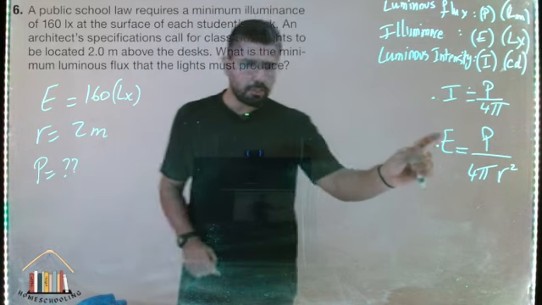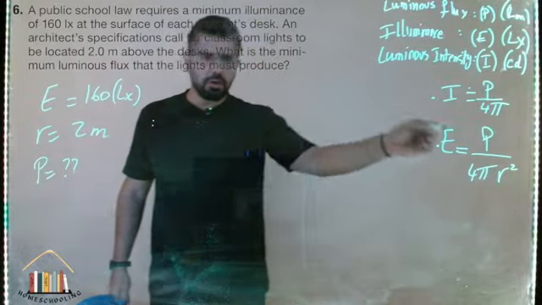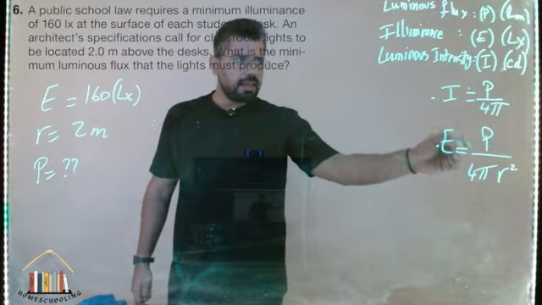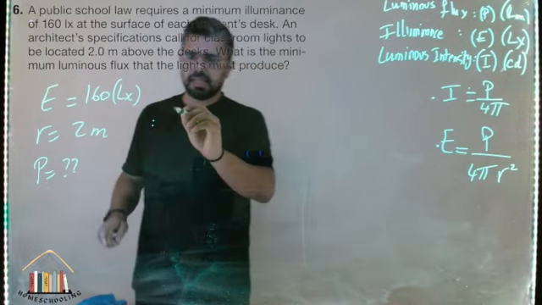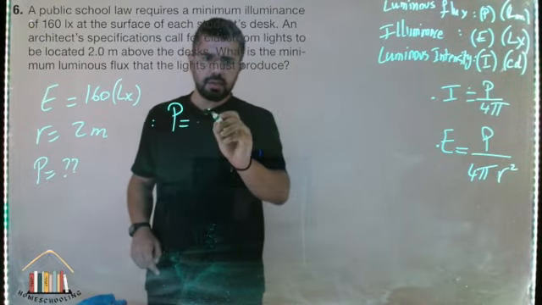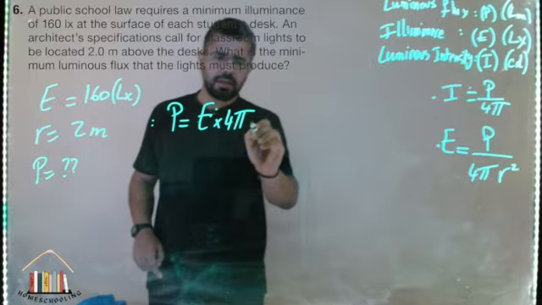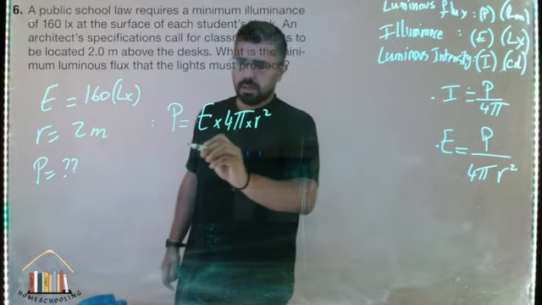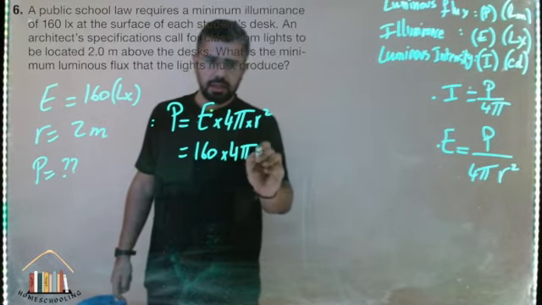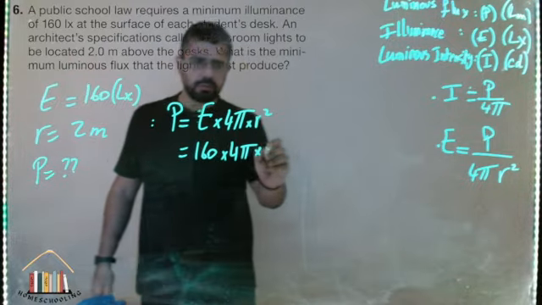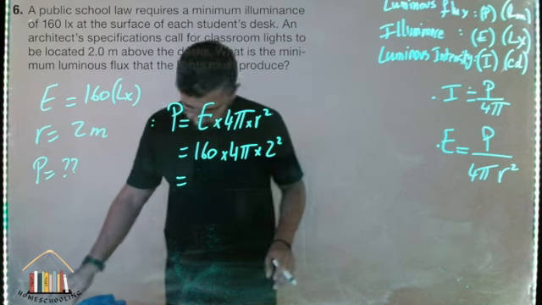Of course, we are talking about that equation, where E equals P over 4 pi r squared, but in question number 6 the unknown is P. So we can say that P is equal to E multiplied by 4 pi r squared. So E is given, it's 160 multiplied by 4 pi multiplied by 2 to the power of 2, which is 4. So in this case, let's use the calculator.